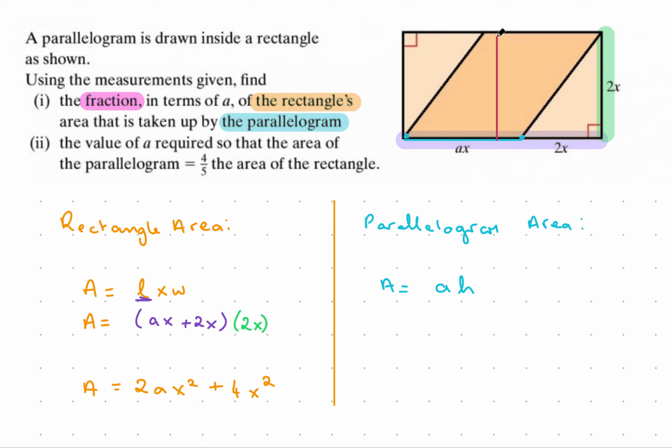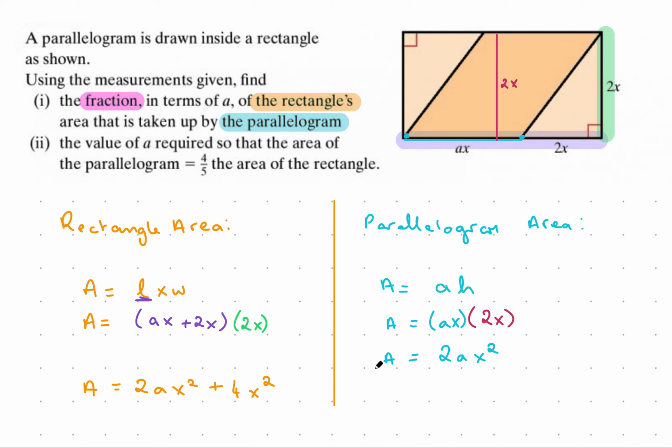If I was to go straight up here, that height corresponds to this side. It's the same as the 2x. It's the height of the rectangle overall. So instead of h, I'm going to have 2x, and instead of a, I'm going to have ax. Again, I'm going to multiply that out, and I'm going to get ax by 2x, which is going to be 2ax squared. And that's our area for our parallelogram.